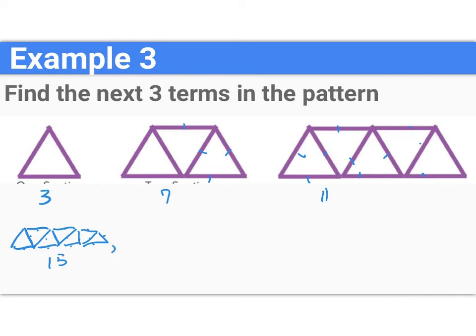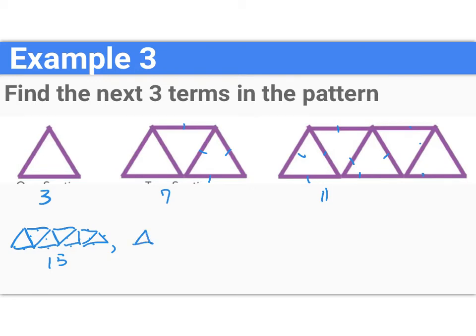So we should add 4 again. So let's see. We got 1, 2, 3, 4 up triangles, 1, 2, 3 down. So we should add 1 down and 1 up.